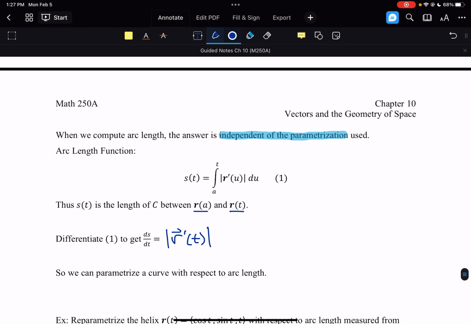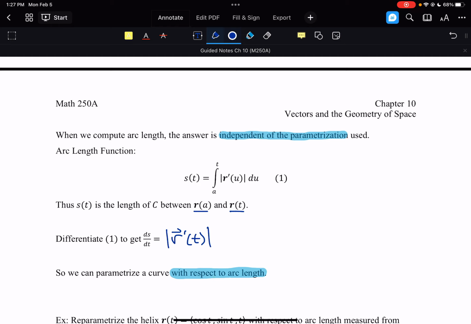So one of the things that we can do, and we'll encounter this more later on, is we can parameterize a curve with respect to arc length, and that can give us one consistent parameterization. Even though you can parameterize a curve 100 different ways and have them all mean the same thing but look different, the arc length will always be the same.